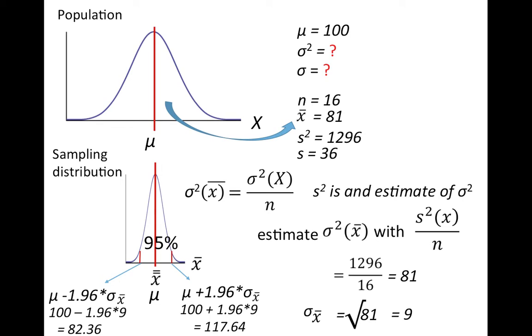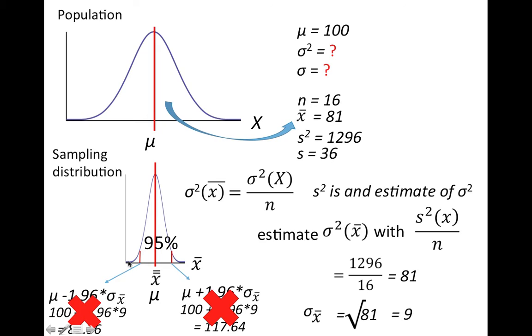Instead of using the theoretical standard deviation of the sampling distribution, we use an estimate that is based on our sample. This means that we can no longer use this number 1.96. Because of the uncertainty in our estimate, we have to make this interval a little bit wider.